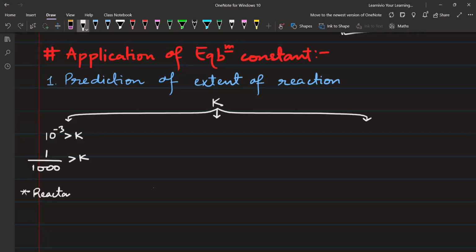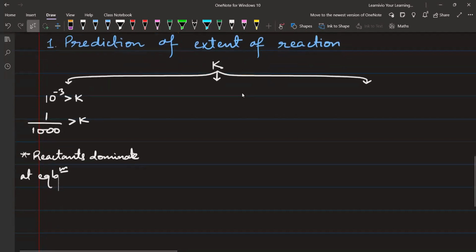So in this case, we can say that reactants dominate at equilibrium. And if the reactants are dominating at equilibrium, then we can also say that reactions hardly take place. Reaction हो ही नहीं रहा है. Make sense? Yes or no? है ना? If no product is formed, that means reaction does not take place. Reaction hardly takes place.